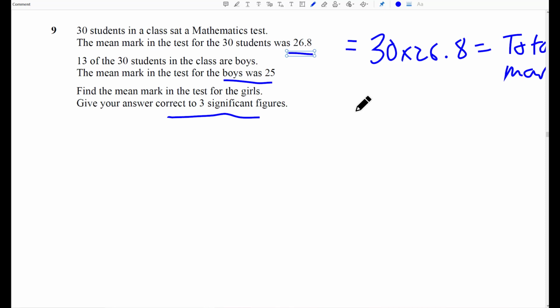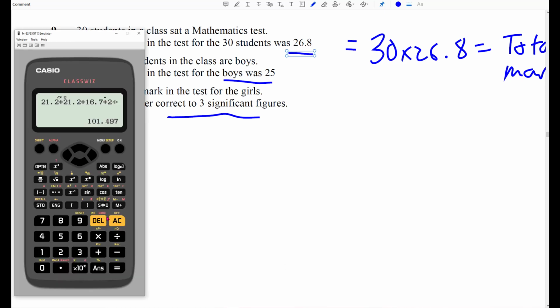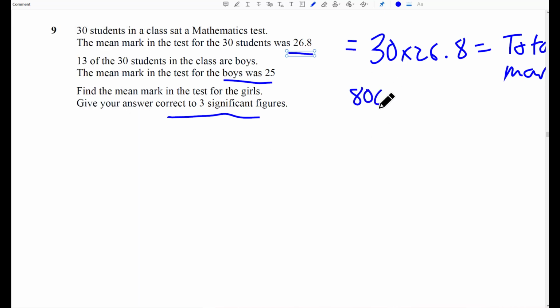Okay, 30 times 26.8. That should be a whole number because it's marks. That's 804. 804 equals total marks, just so you understand what's going on. So the boys got 13 because there's 13 boys times 25 marks. 13 times 25.